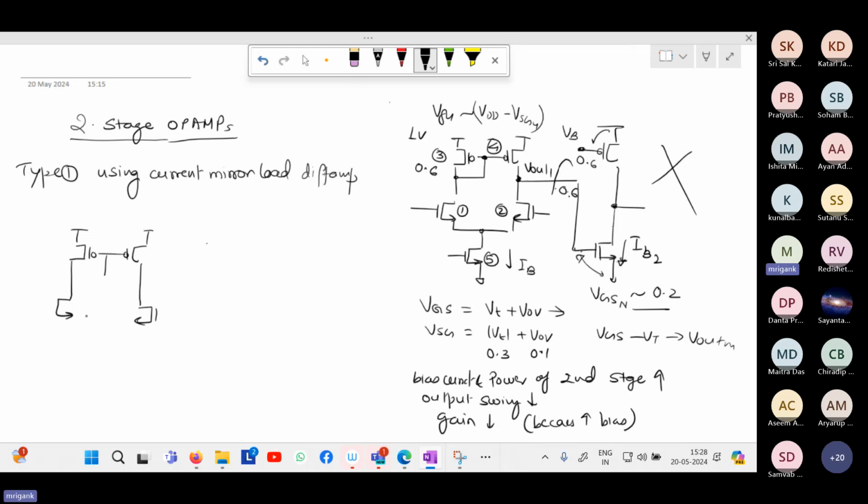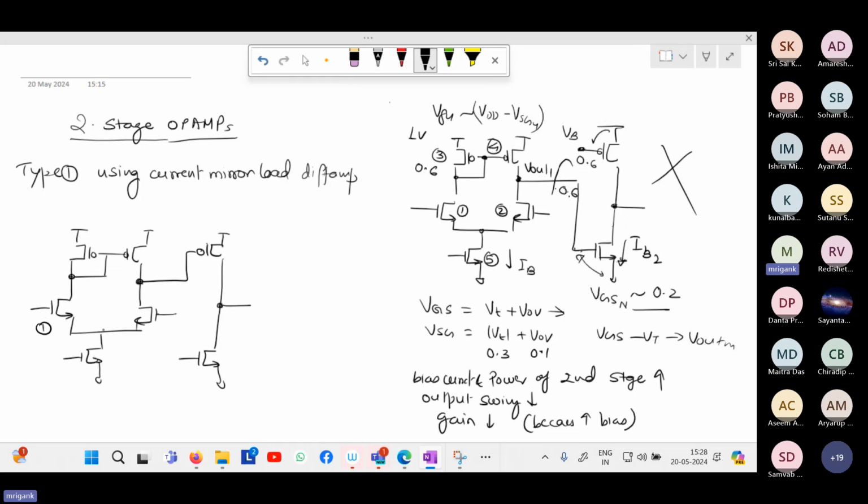So now, rather than doing that, we will go for a PMOS input stage. So now whatever V overdrive voltage you are having for the PMOS here, you will have the same for the output stage.